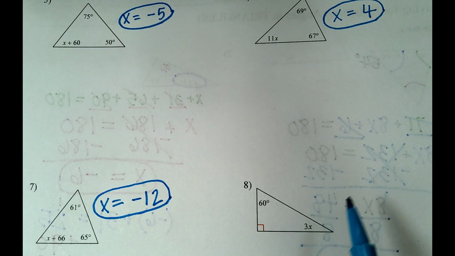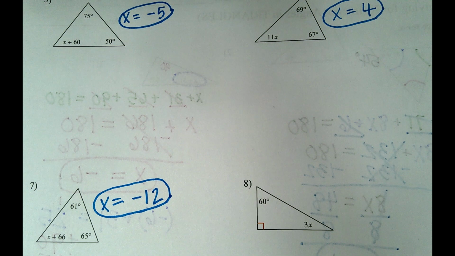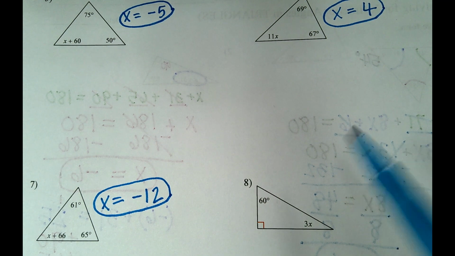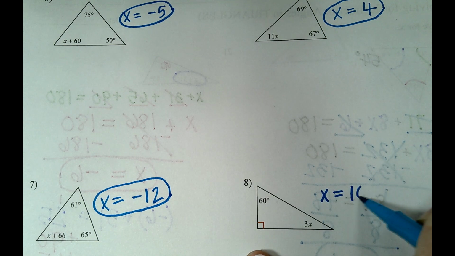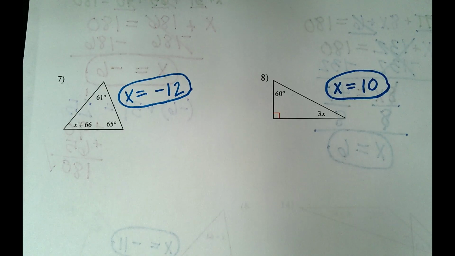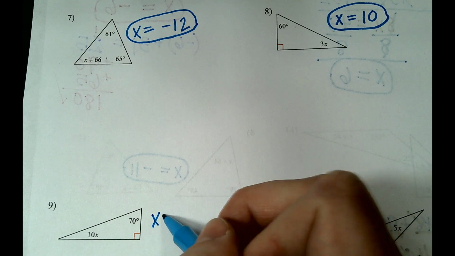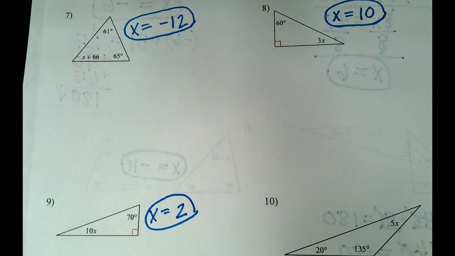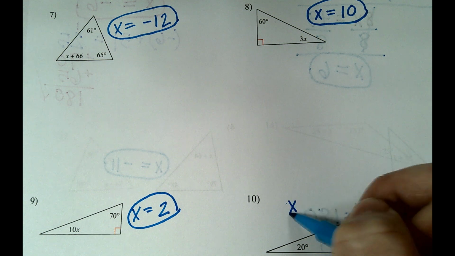Even if you aren't to this point or any future ones, it's not a bad idea to go ahead and write the answers down so you have them to look at later if you want to do more practice. Number 8, x equals 10. Number 9, x equals 2. Number 10, x equals 5.